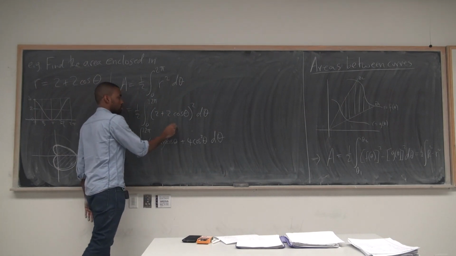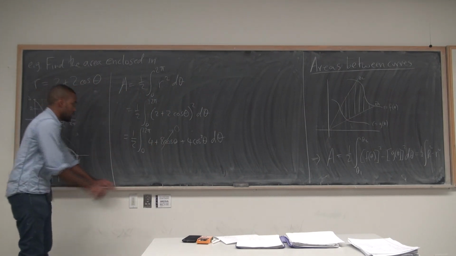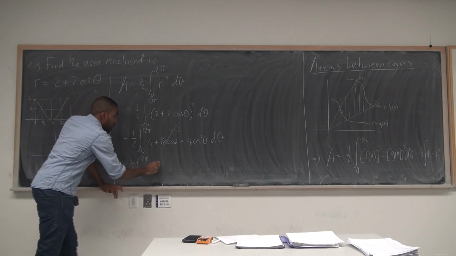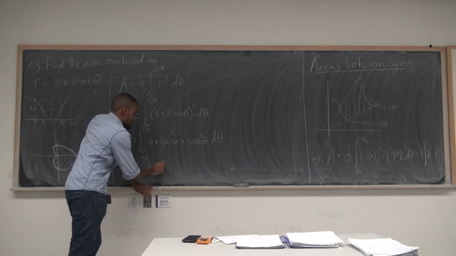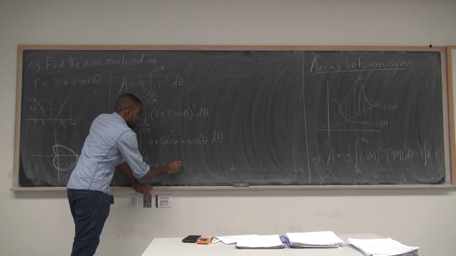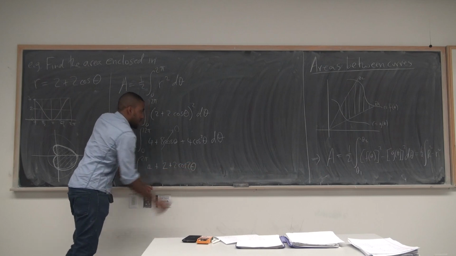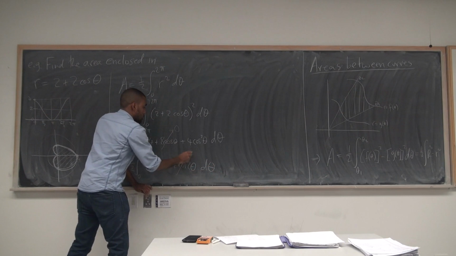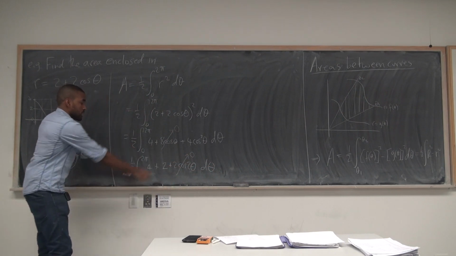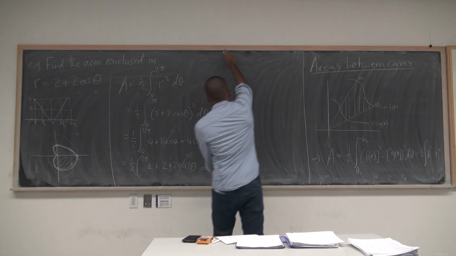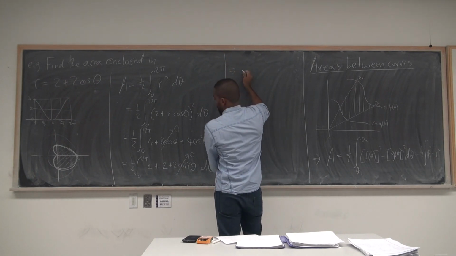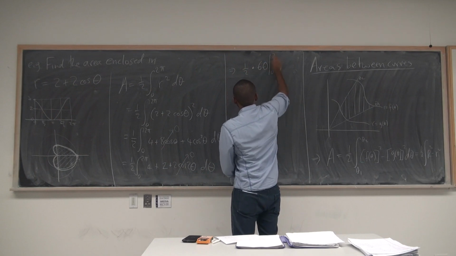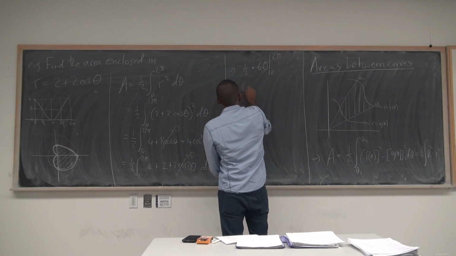This guy's going to go to 0, remember, because we're integrating over a full period, so I can ignore that. 1/2, 0 to 2 pi, 4 plus, this guy would become what? 2 plus 2 cosine 2 theta by applying the half angle formula. This guy's going to go to 0 because I'm integrating over a full period, so I'm really integrating 6. So this just means I have 1/2 times 6 theta between 0 and 2 pi, which gives me 6 pi.